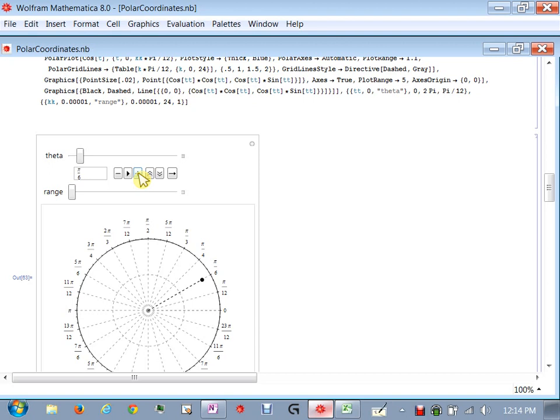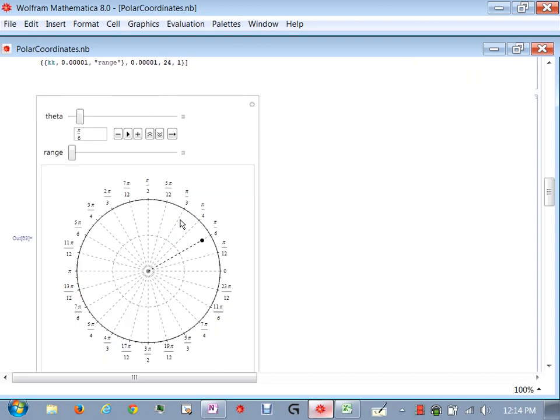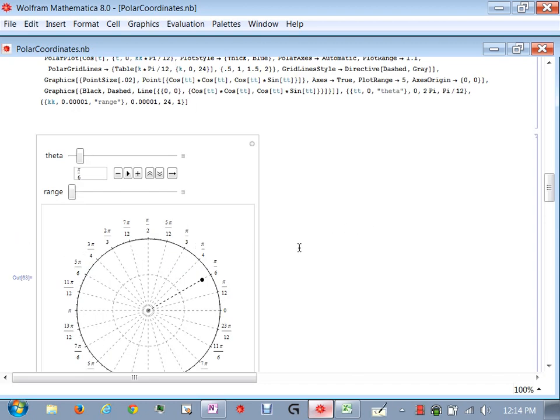So what happened? Did I move my graph? How did that point get moved? Oh, I moved it and it scaled it. It changed. This was at 0, and remember, that's 1.